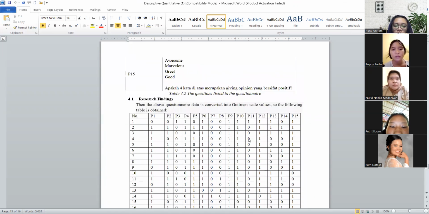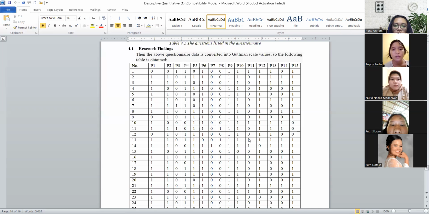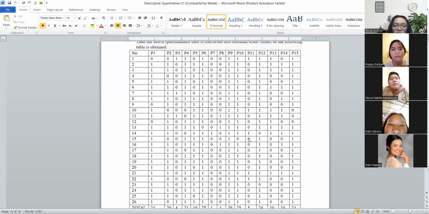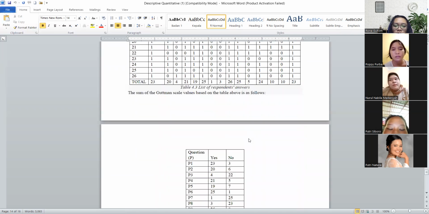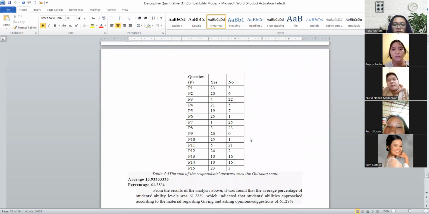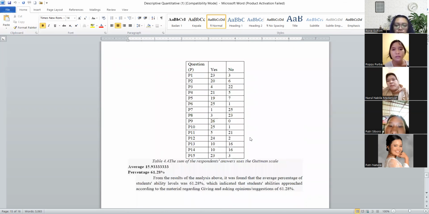We enter the research findings. We use the Guttman scale where for the yes answers, we give 1 point, and for the no answers, we give 0 points.